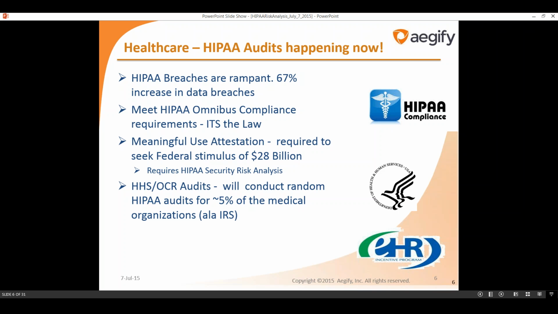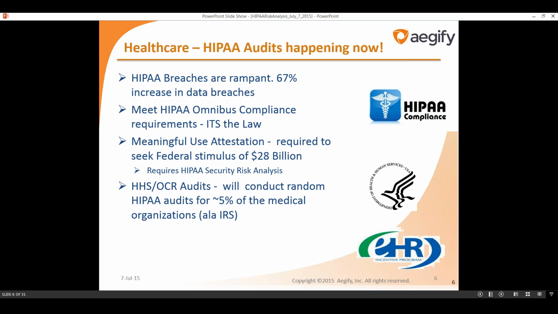So besides the fear of getting hacked, it's also the law, and you need to do risk analysis to get the meaningful use attestation dollars from the federal government. And as you know, the government has put aside $28 billion to provide payments for implementing electronic medical records. So the government has put together a carrot and stick approach to ensuring that every business gets to be HIPAA compliant.